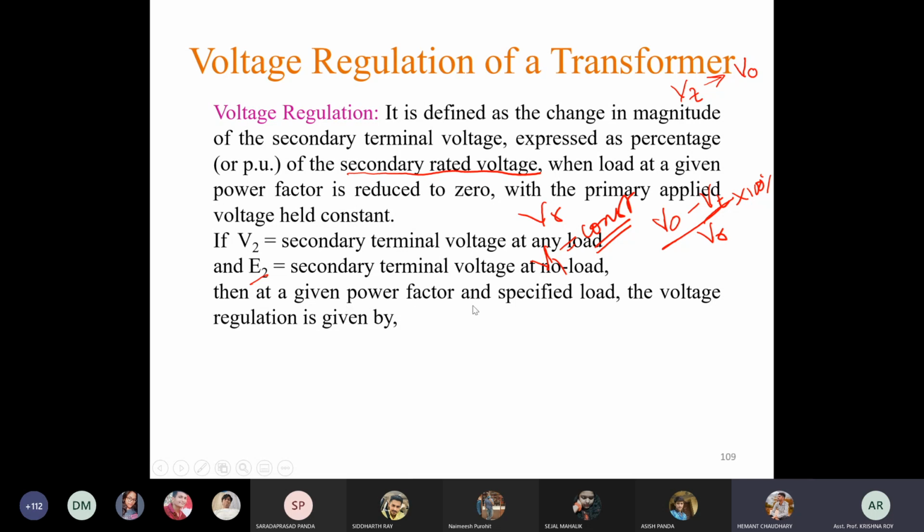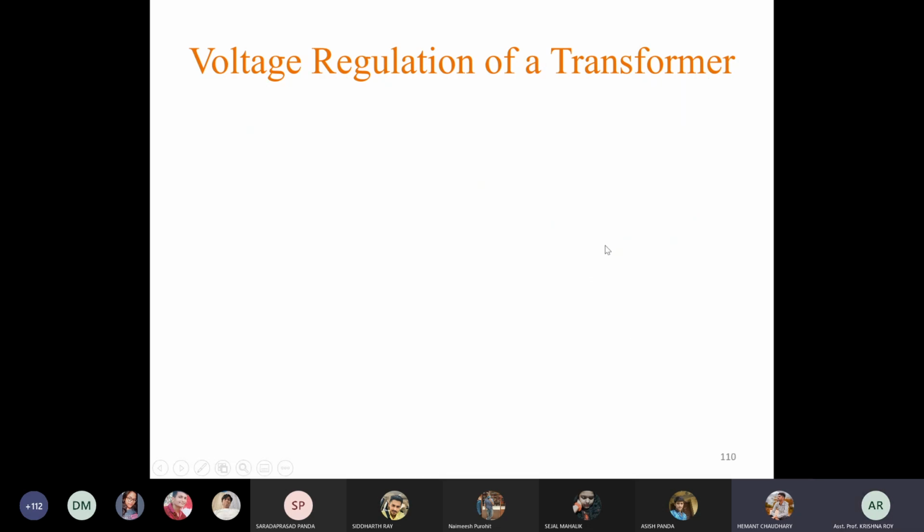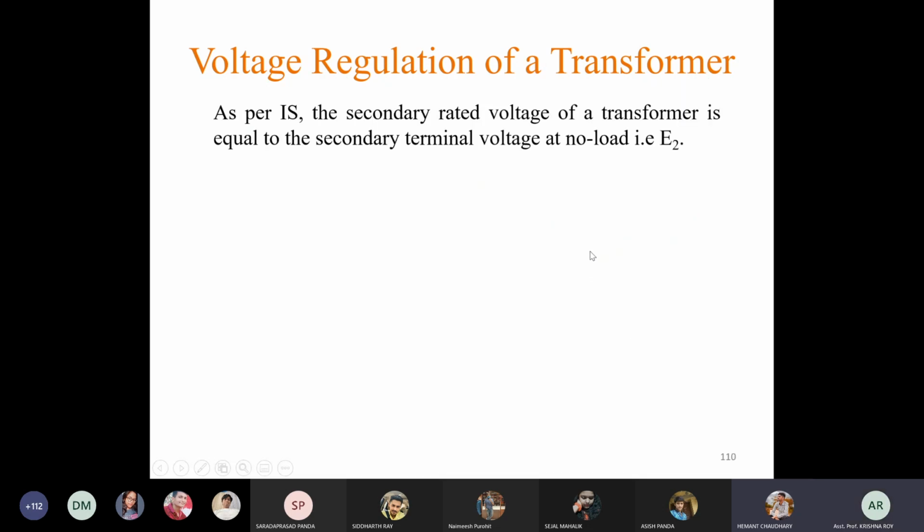Then at a given power factor and specified load, the voltage regulation VR is equal to E2 minus V2 by secondary rated voltage. Okay, this is in per unit, and as per standard, the secondary rated voltage of a transformer is equal to the secondary terminal voltage at no load.